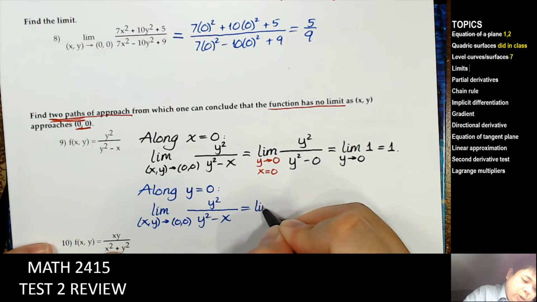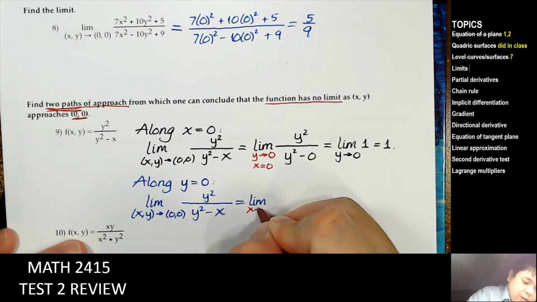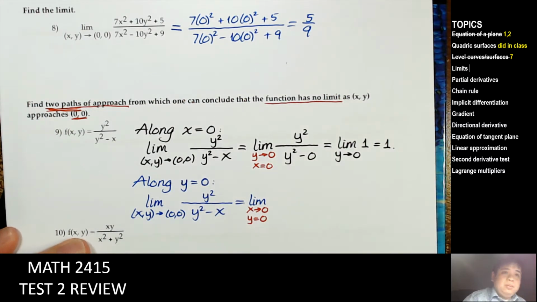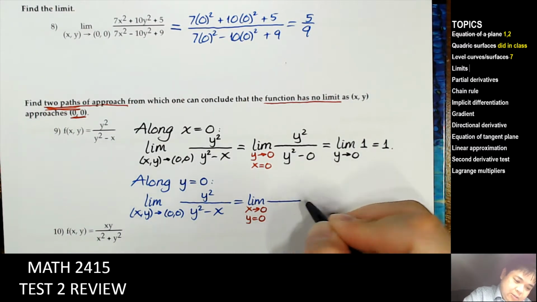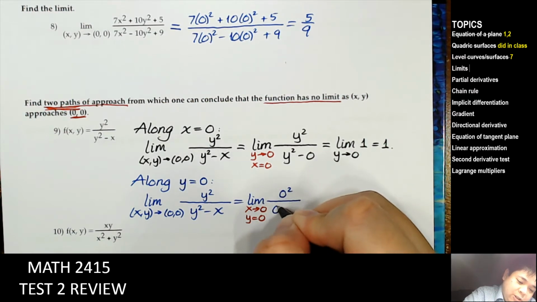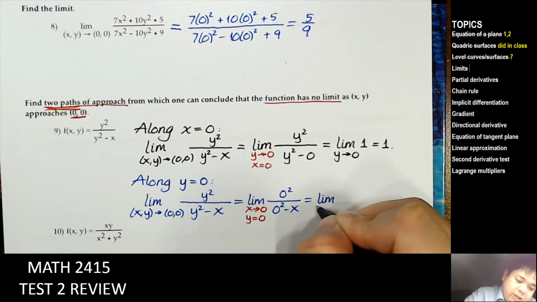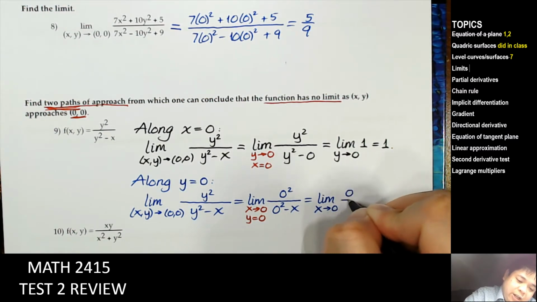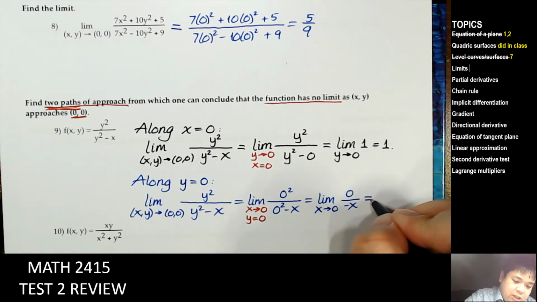Since y is equal to 0, we only need x goes to 0. So this is equal to the limit as x goes to 0 of 0 over negative x. 0 divided by anything is 0. So this is equal to 0.